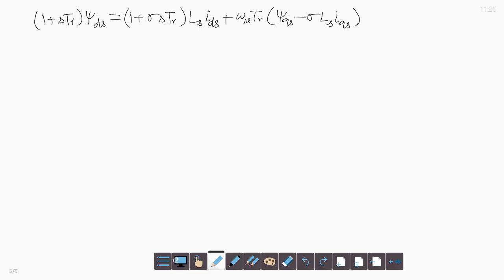Let us number, the previous equation was 6, let us number this equation as 7.